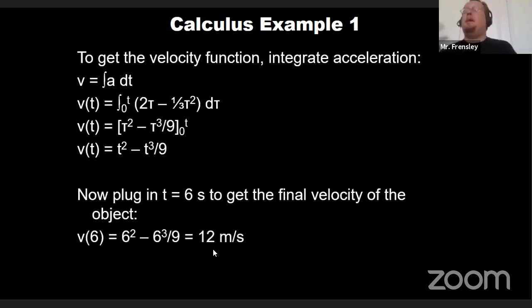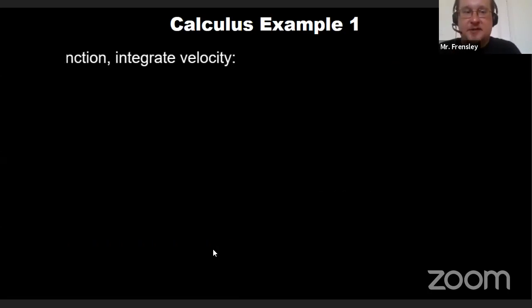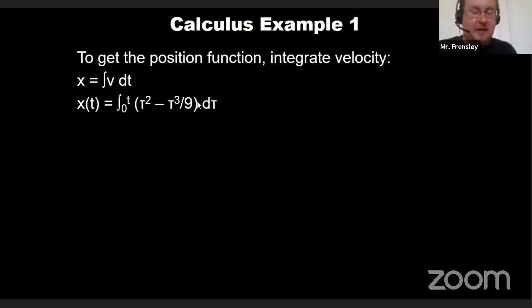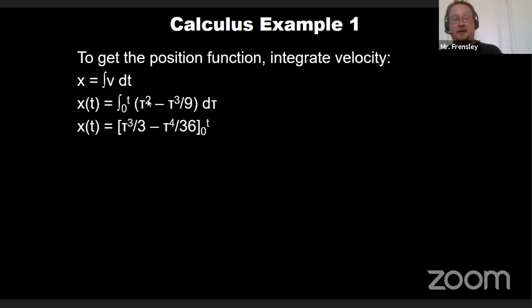Okay, all good. But how do I figure out the distance that the object's going to go? Well, now what I need to do is integrate the velocity. So here's my velocity function, t squared minus t cubed over 9. It's really tau because it's a dummy variable, right? With respect to time. I'm again going to go from 0 to time t in order to get a function of t. So when I integrate t squared, I get t cubed over 3.